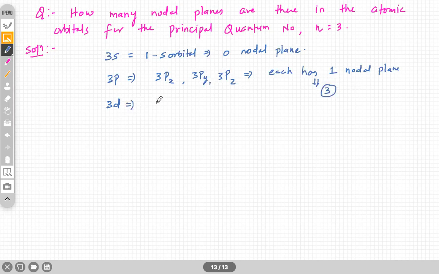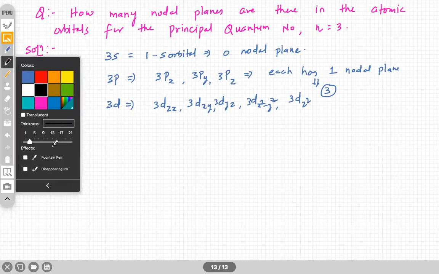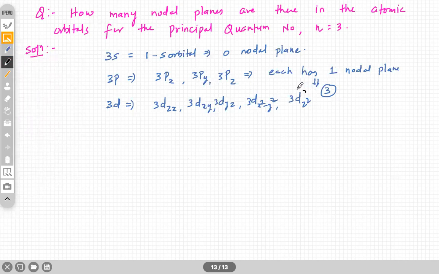3d has 5 orbitals: 3dzx, xy, yz, x square minus y square, and 3d z square. Now in this, one has no nodal plane. It has a nodal cone, right?